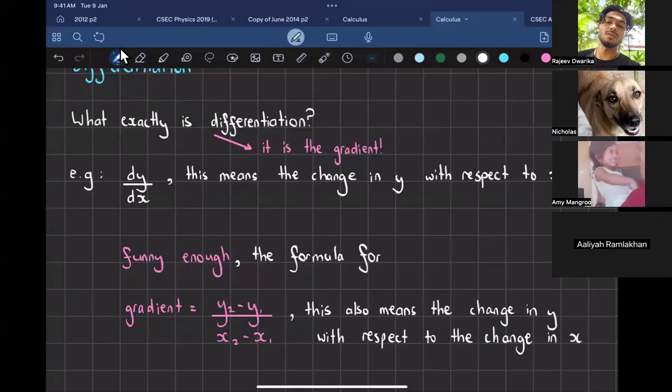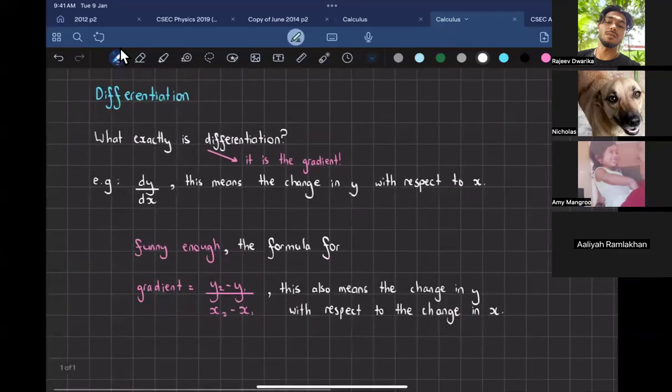So I want you all to copy this down and I'm going to go into the basics of differentiation.